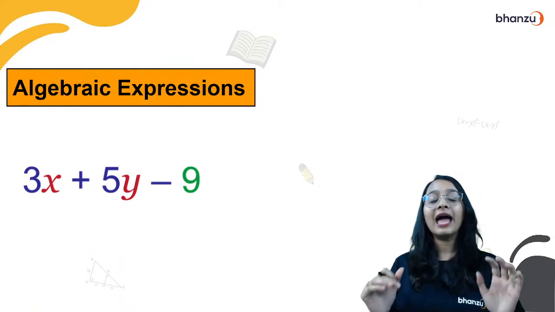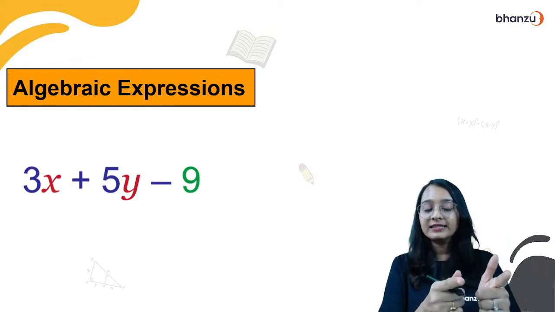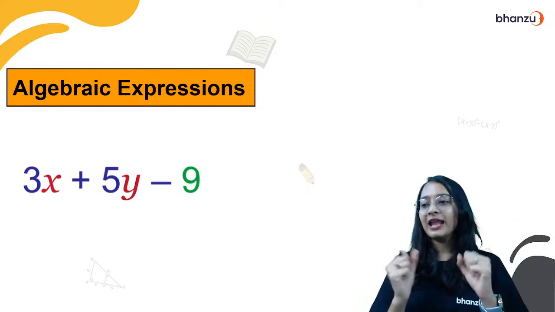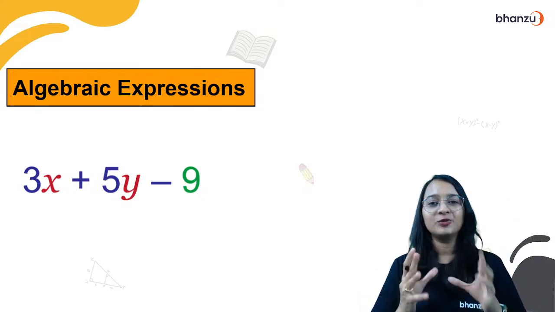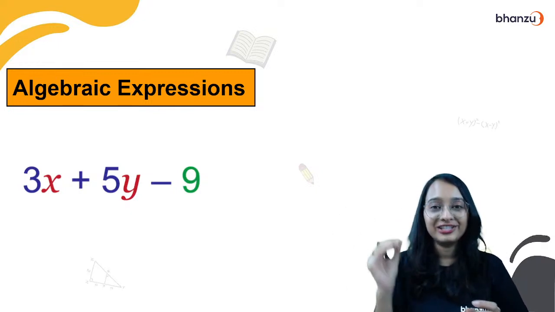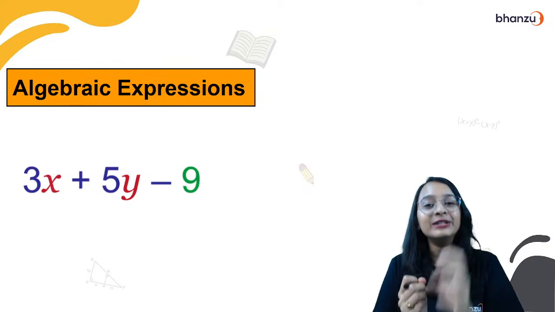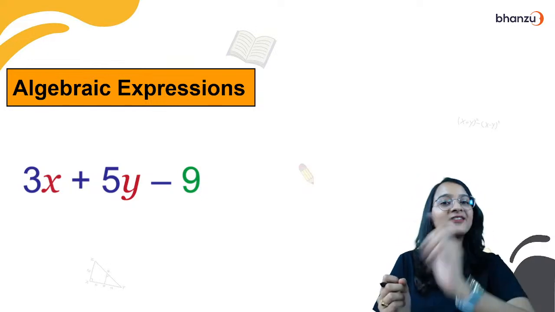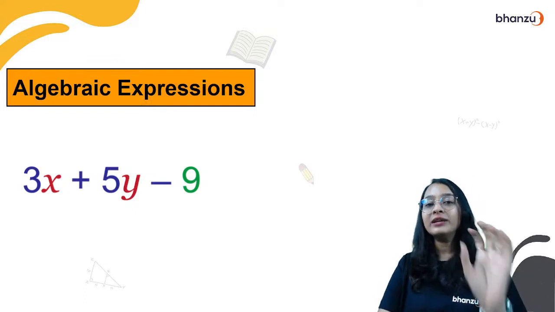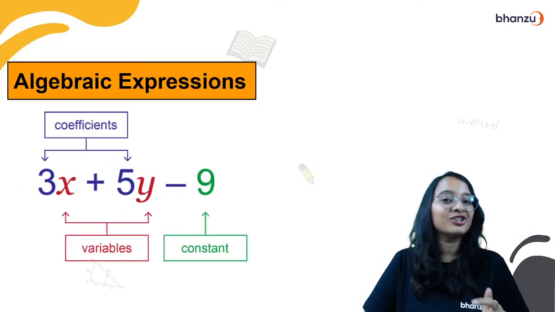Now, talking about algebraic expressions, when you look at this one, how do you say, yes, this is an algebraic expression? When I give you a veg biryani, you would know it's a veg biryani. How? Because you would spot vegetables in it. There are a few things that you would look at to confirm that yes, this is veg biryani. Similarly, when I give you an expression, how would you know that it is an algebraic expression or not?